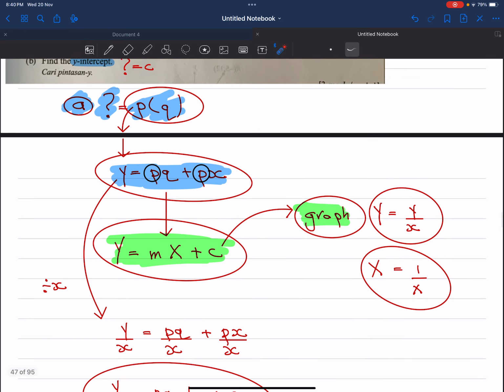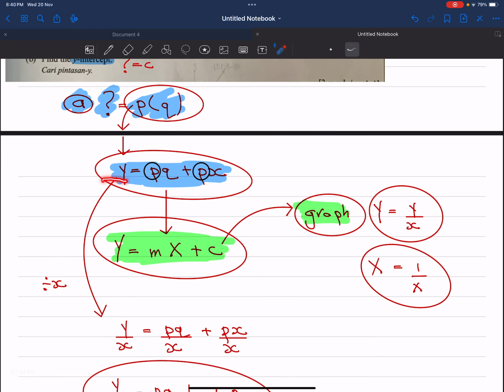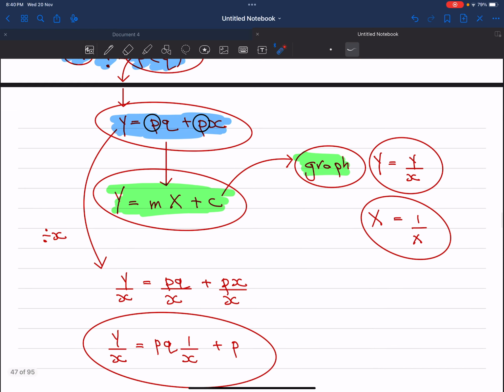So even though the equation y equals pq plus px is linear, we still have to change it. The small y, we have to make it y over x.